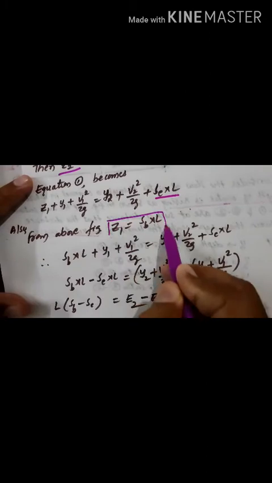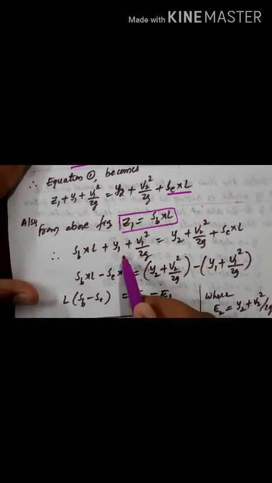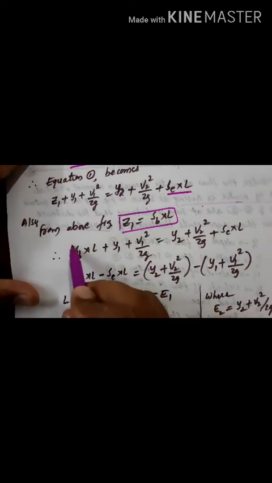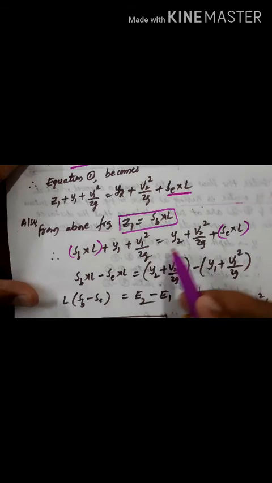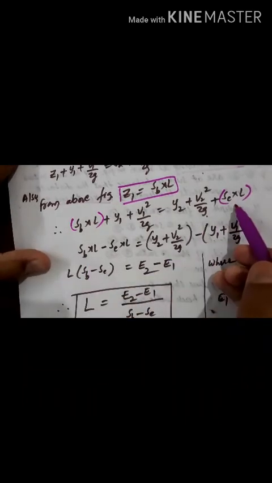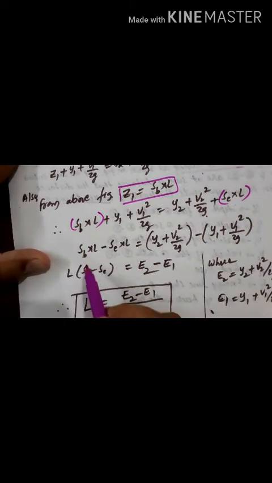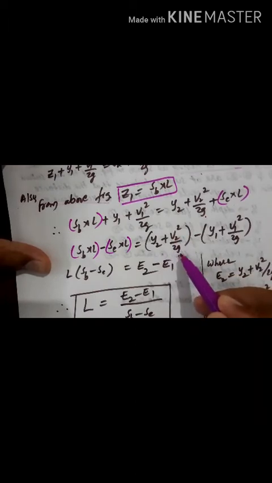Then substitute here SB into L plus Y1 plus V1 square by 2G, we have substituted this one and also this one, equal to Y2 plus V2 square by 2G plus SE into L. Then take this term on the left hand side, SB into L minus SE into L, and Y2 plus V2 square by 2G, one term, minus Y1 plus V1 square by 2G.